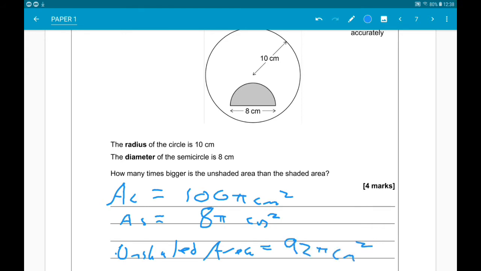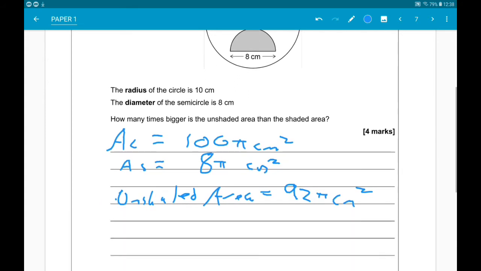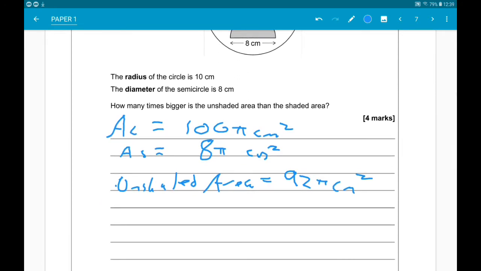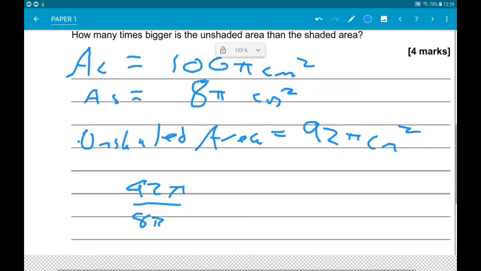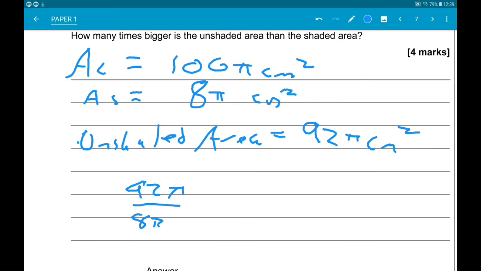So now we're asked how many times bigger is that than 8 pi. So to work that out, we now do 92 pi divided by 8 pi. So the pi's cancel out. We get left with 92 over 8.